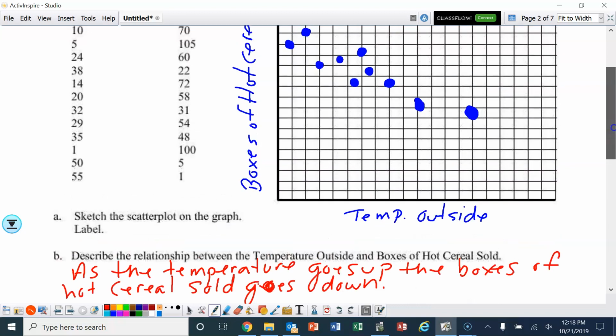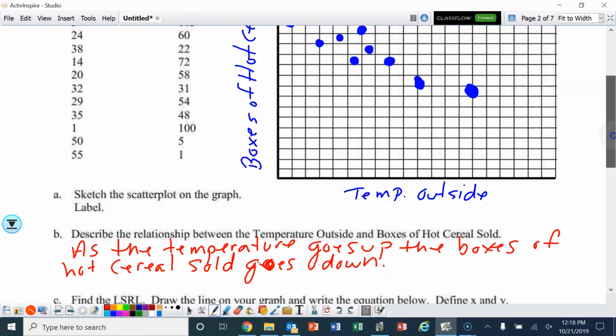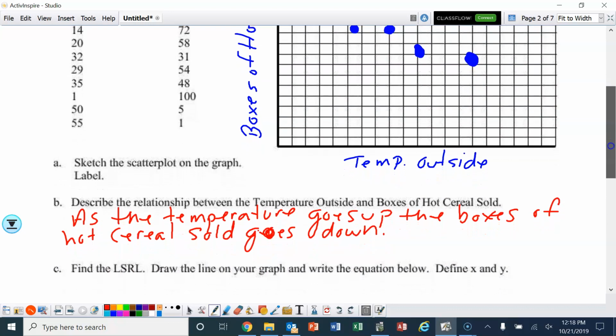Okay, it's a negative correlation. As the temp goes up, the hot cereal sales go down. Think about it. People don't probably want to eat hot cereal when it's warm outside.